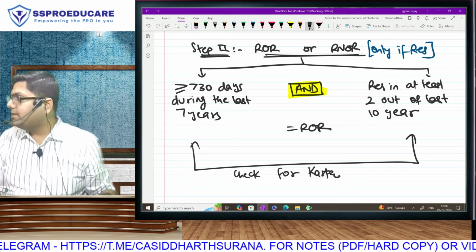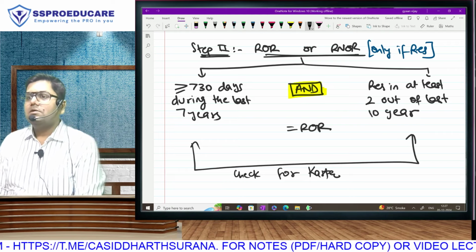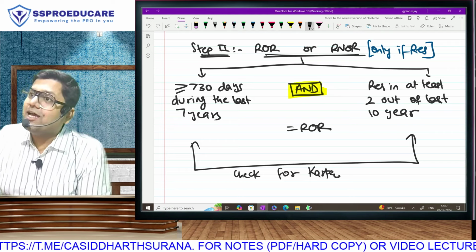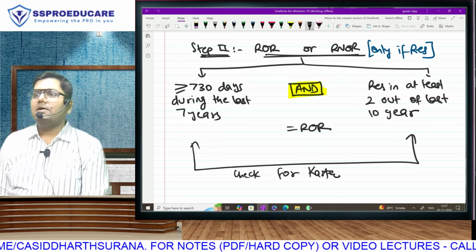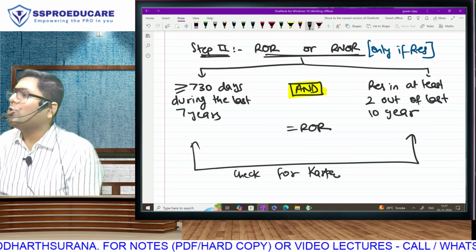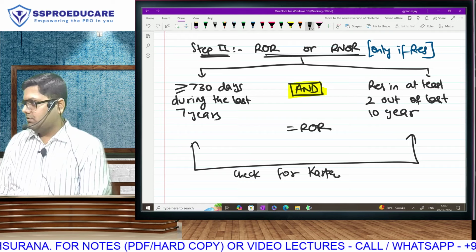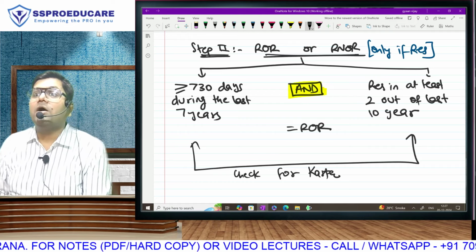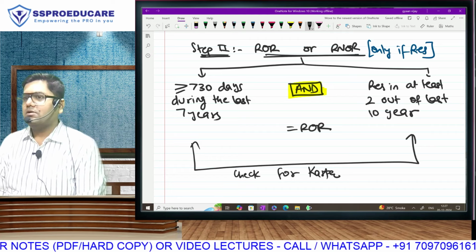If Karta has stayed in India for 730 days or more during the last 7 years, and Karta has been a resident in 2 out of last 10 years, then HUF will become ROR. Means step number 2 will not be performed on the HUF. We can't check 730 days for the HUF. Step number 2 will be performed on the Karta. Did you understand?